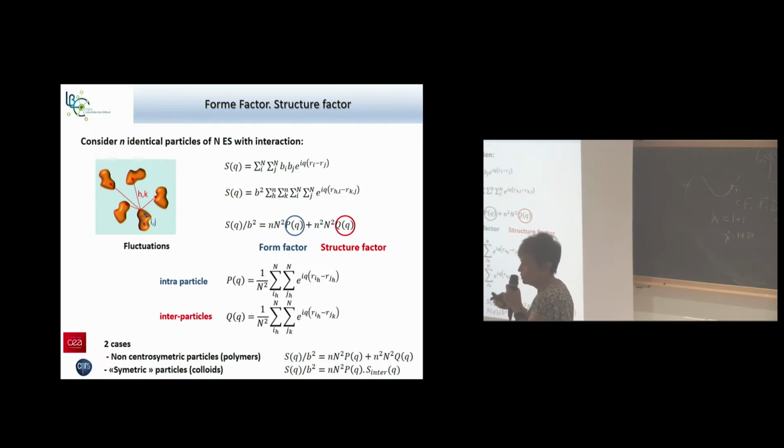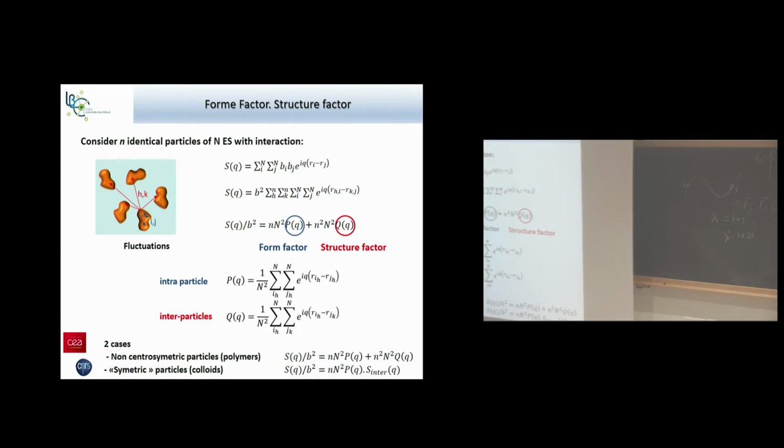The first one deals with fluctuation inside the particle: it is the number of particles times the number of elementary scatterers squared inside this. This is the form factor, because it gives the shape.